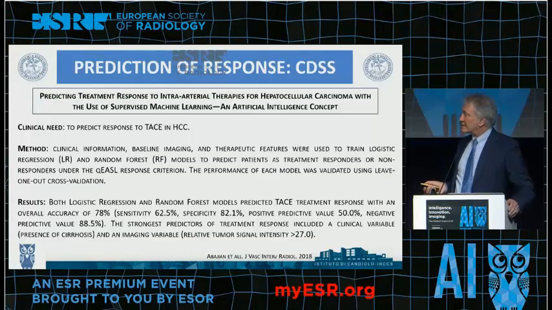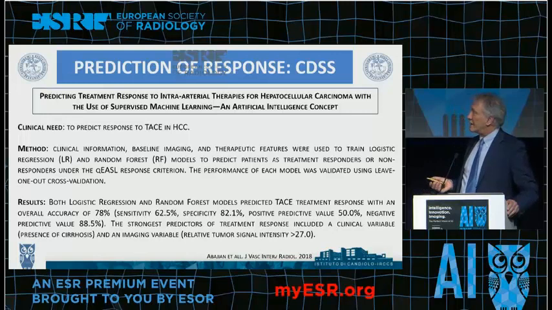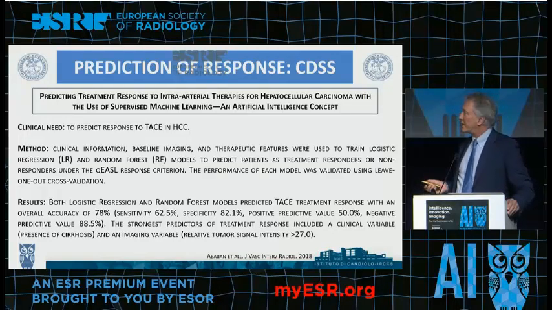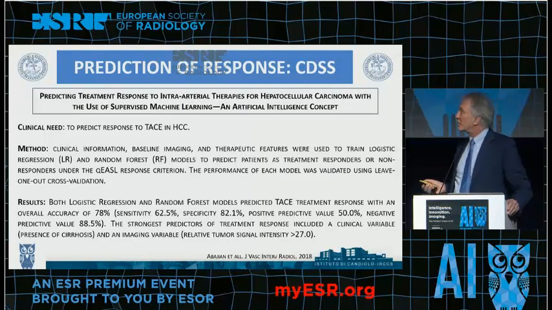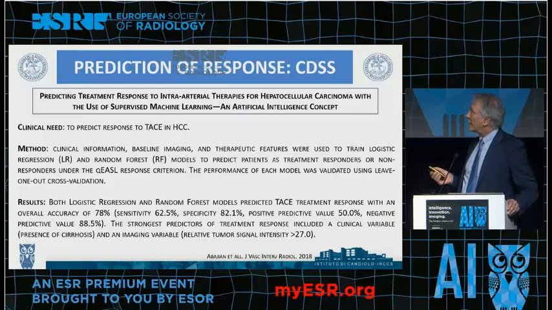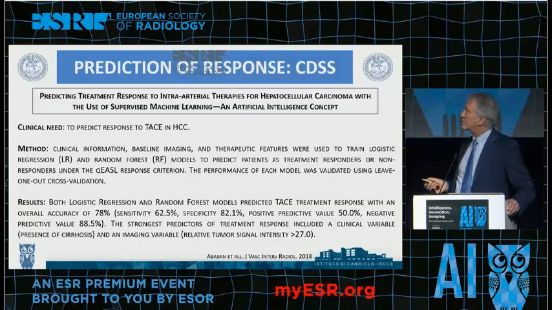And finally, let's also just keep in mind that we can add to imaging also clinical information and therapeutic features, put everything together, and use neural networks to actually predict treatment response, in this case in patients with hepatocellular carcinoma undergoing intra-arterial therapy.